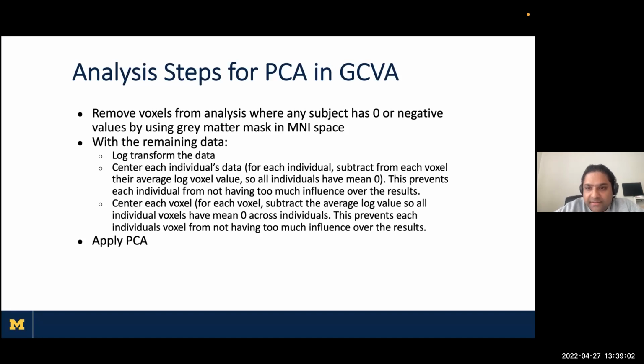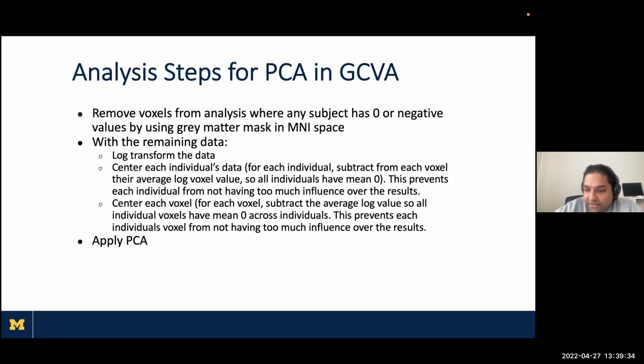That helps prevent a single subject image from having too much influence on the result. Similarly, we center each voxel, by subtracting the average log values among all the individuals, so that the mean across individuals for one particular voxel is 0. This also prevents each individual voxel from having too much influence over the result.